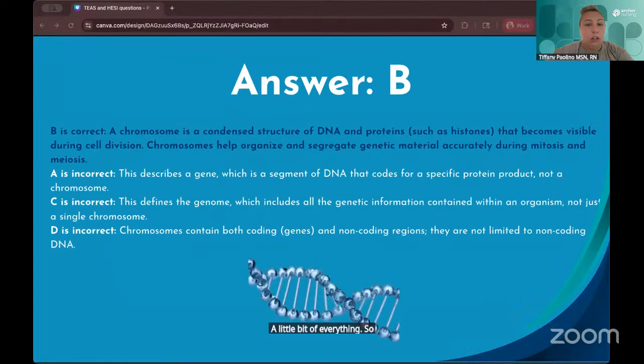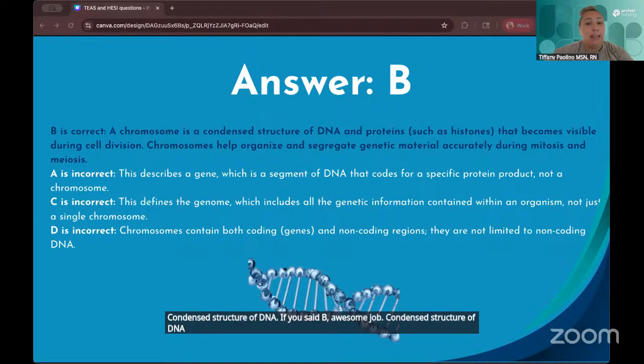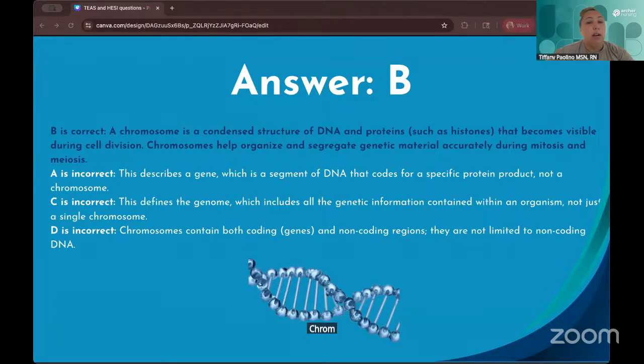So look, it's B. Condensed structure of DNA. If you said B, awesome job. Condensed structure of DNA and proteins like histones that become visible during cell division. Chromosomes help organize and segregate genetic material. So they are crucial players in cell division.